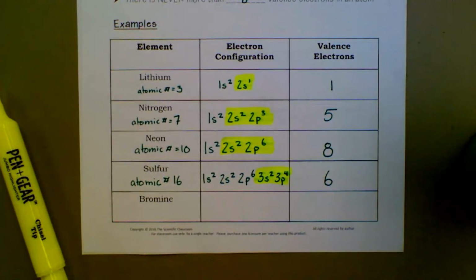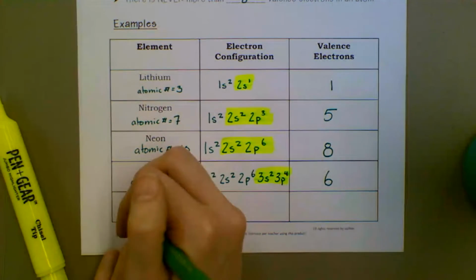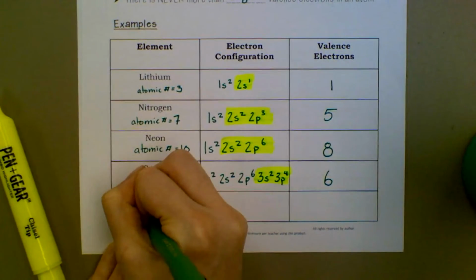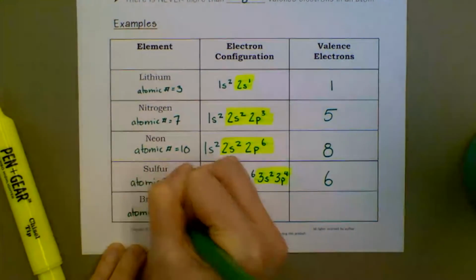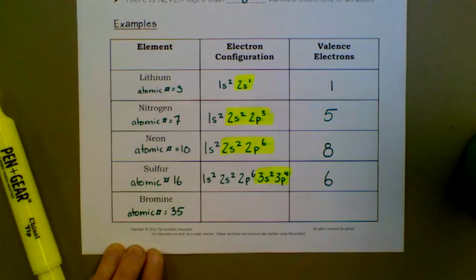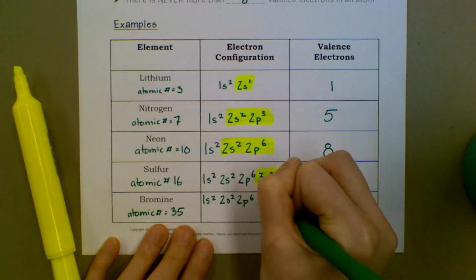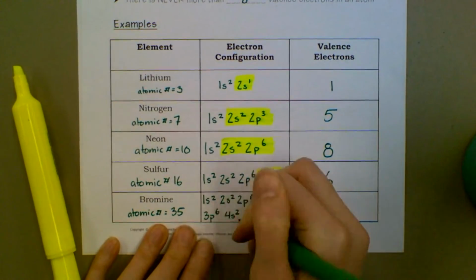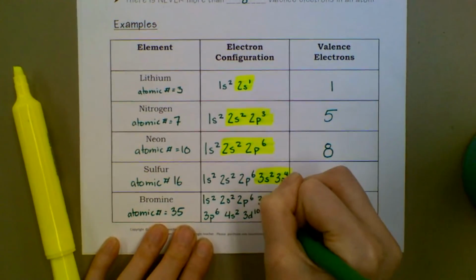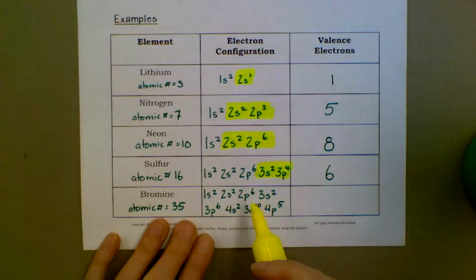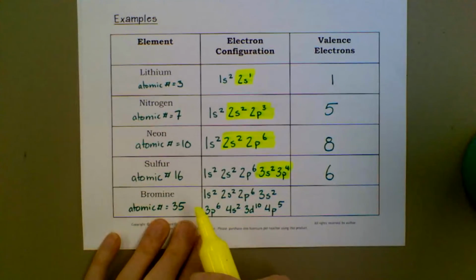Finally, we're going to look at bromine. Bromine has an atomic number of 35. All right, so this is my electron configuration for bromine.